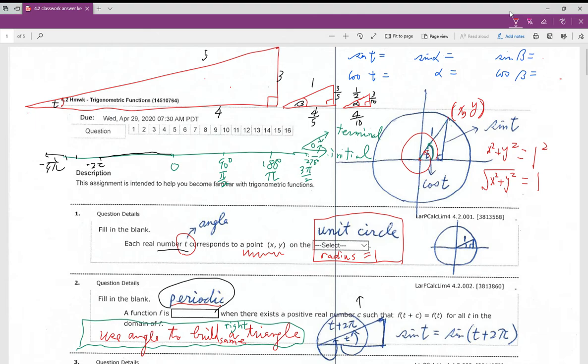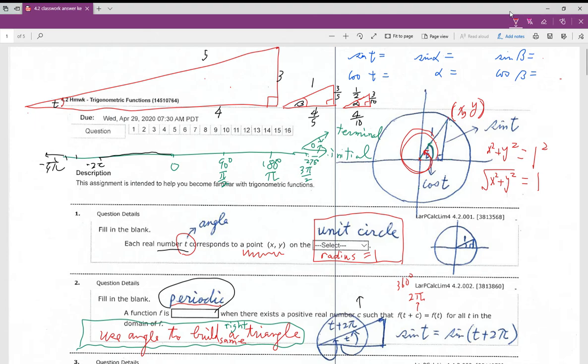If you use the angle to build a triangle and different angles may build the same triangle, what's the possible situation? If this is 2 pi, or you say 360 degrees, when you wrap around the circle one time and go back to the same position, you are going to have the same triangle built.